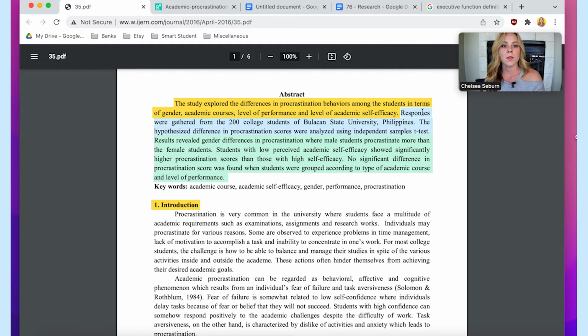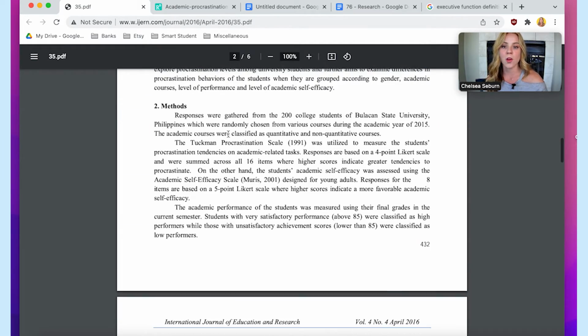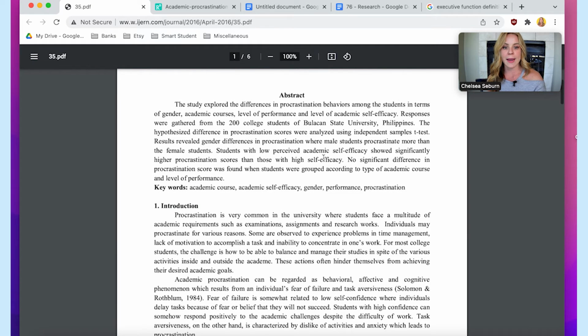Next, the responses were gathered from the 200 students. The hypothesized differences, those are going to correlate with the methods that were used to research that topic. Finally, the last portion in that abstract is the results revealed. We have all the results section here.